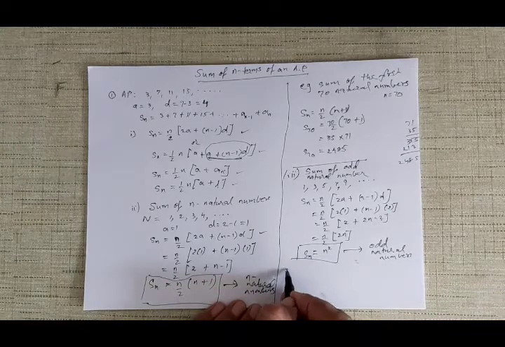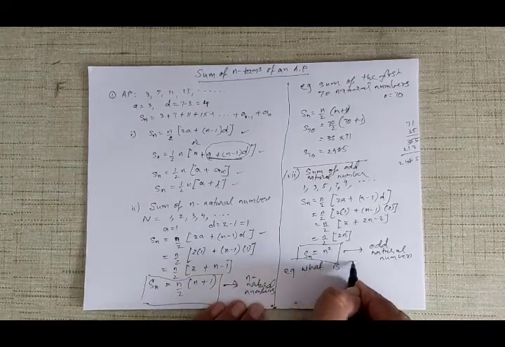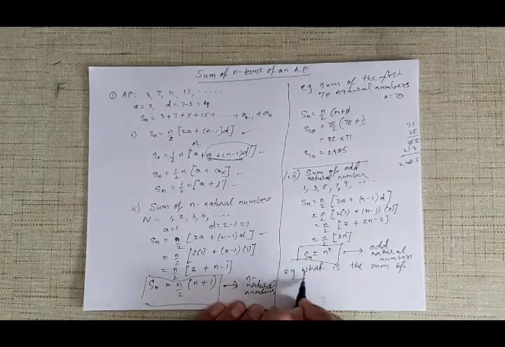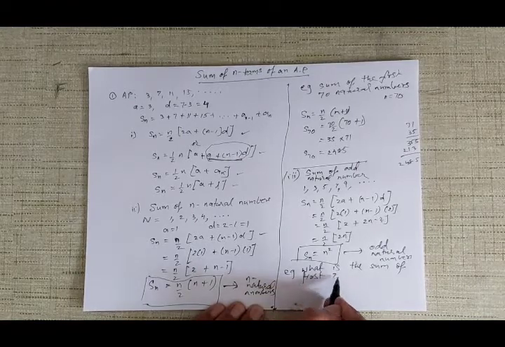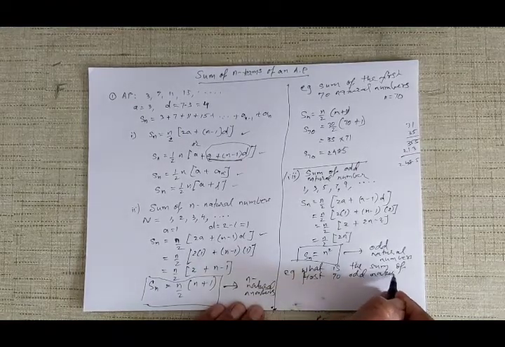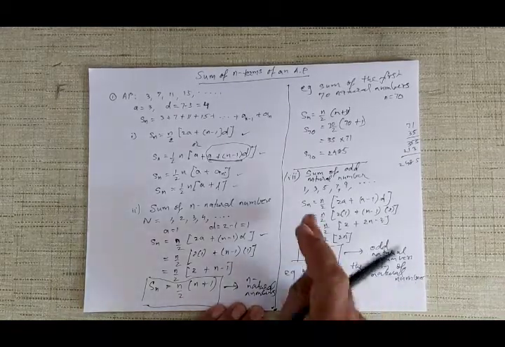For example, if I ask you, what is the sum of the first 70 odd natural numbers? Now n is equal to 70, just like this one.